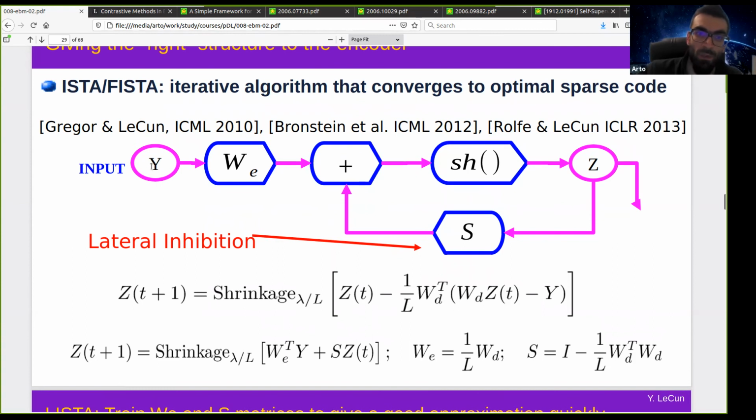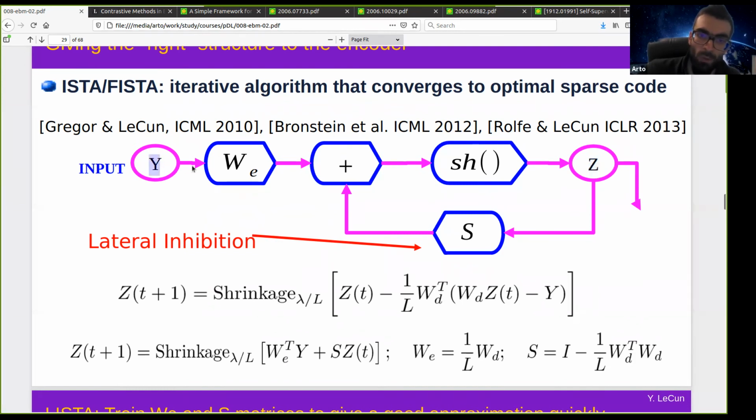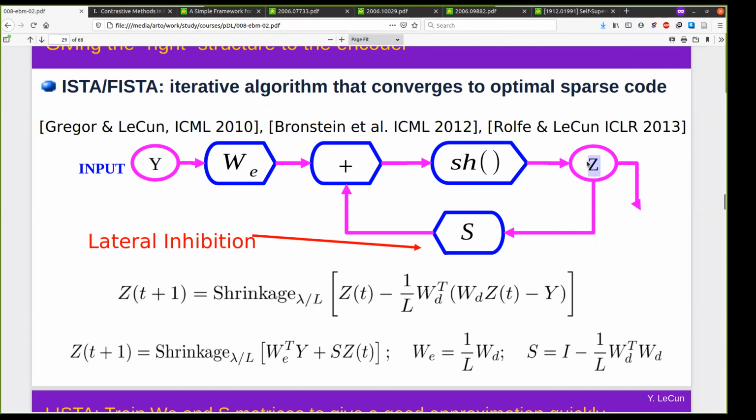In this case, given Y, we will feed it to the RNN, obtain a sparse code from it, and then feed this sparse code to a decoder and obtain the reconstruction. In the other case, given Y, we would have to solve this minimization problem to obtain Z, this sparse code, right?